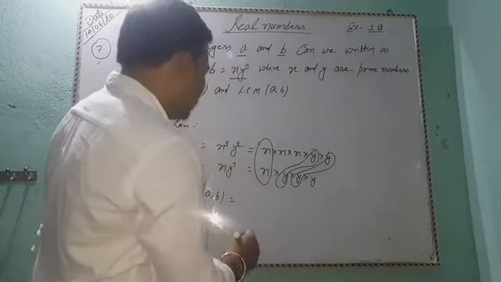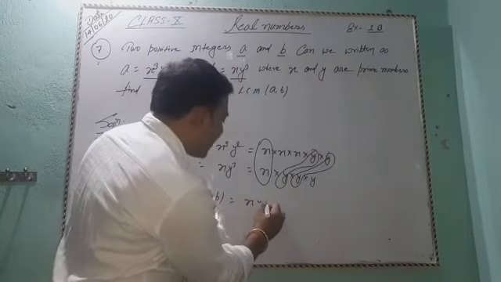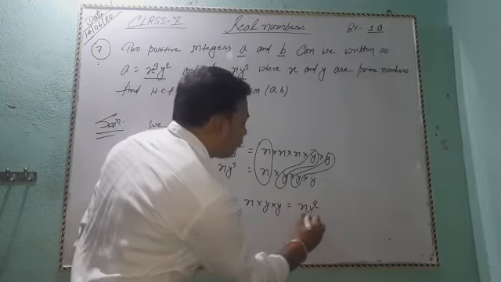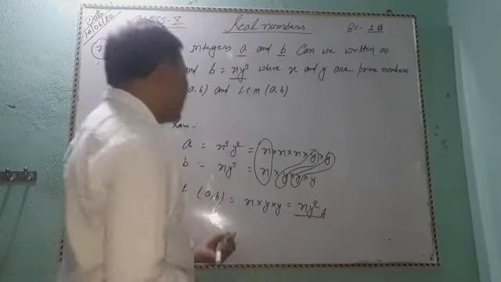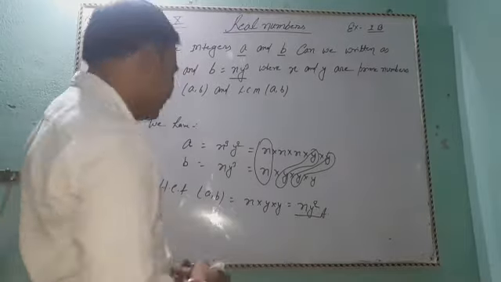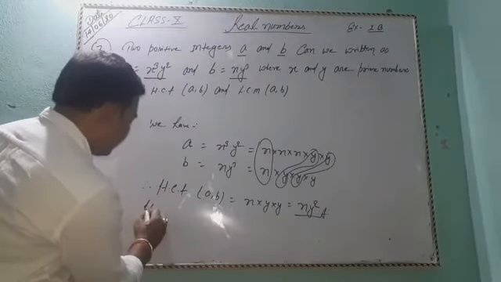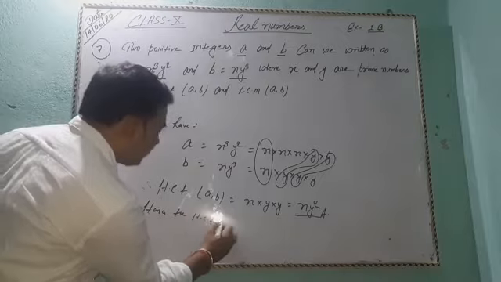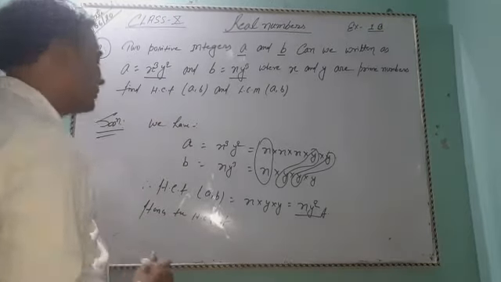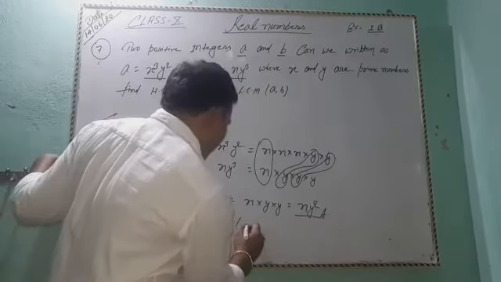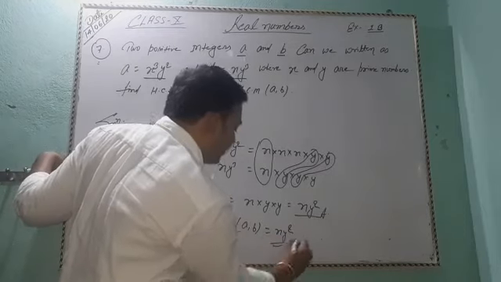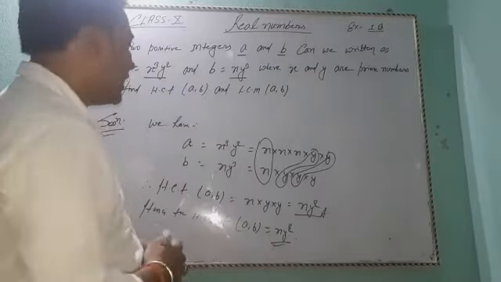So x × y × y, that is xy², is the HCF of a and b. Hence the HCF of a, b = xy².